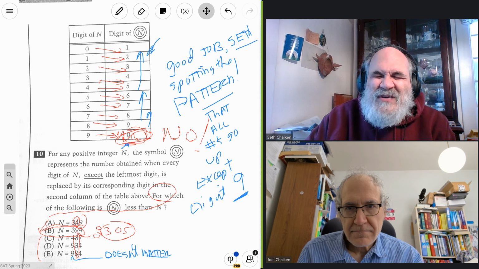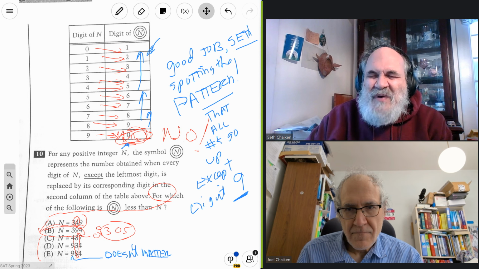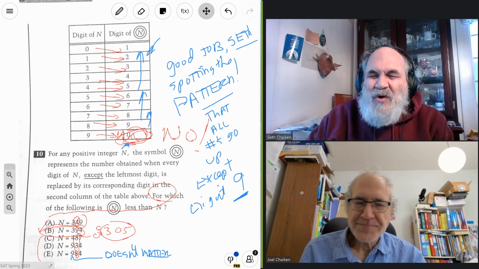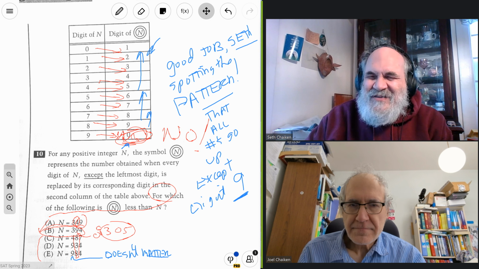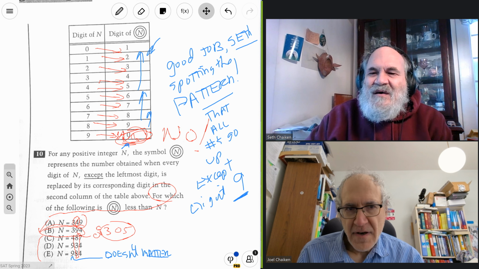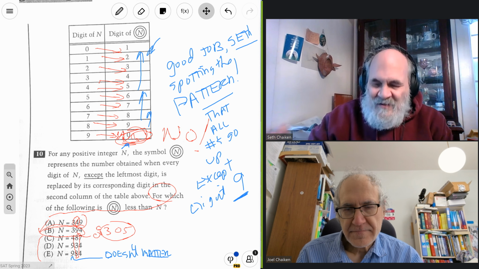And then I read the question more carefully and realized it's not that. It doesn't make every digit into a bigger digit. It makes most of the digits into bigger digits. But when the digit is a 9, it makes it into a 0. Right. The thing is, I was misled.